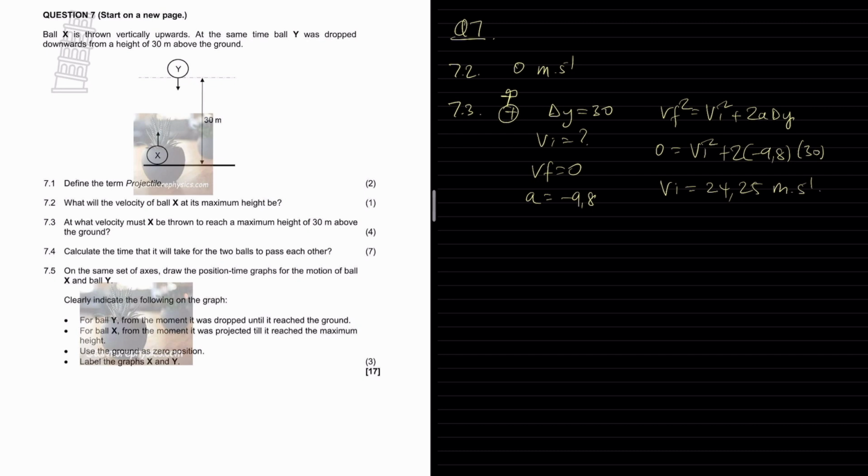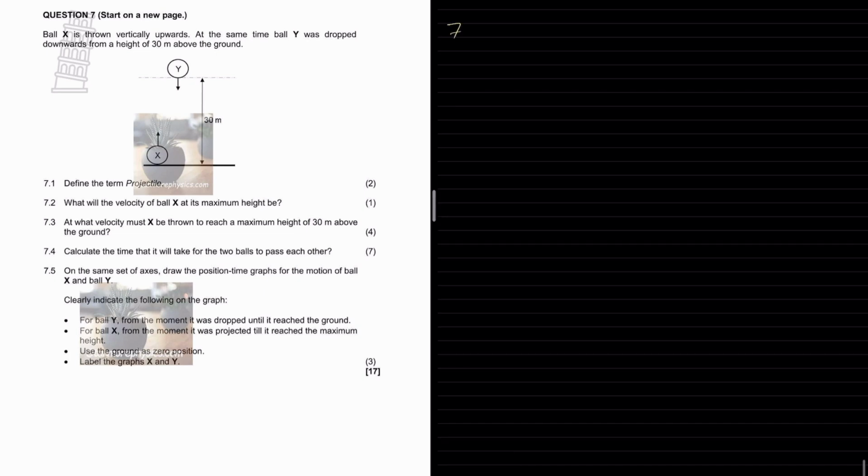7.4, for 7 marks, calculate the time that it takes for the two balls to pass each other. So for 7.4, I'm going to draw two diagrams. One for ball X, it travels upward up to some point where it passes Y. I'm going to call this distance Y. Now for the other ball, and remember we've chosen up as positive.